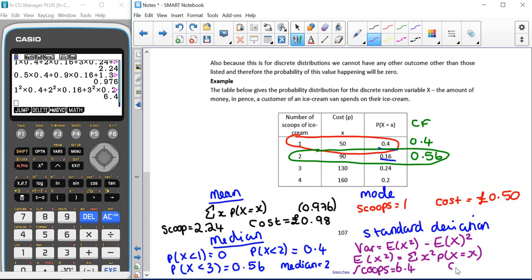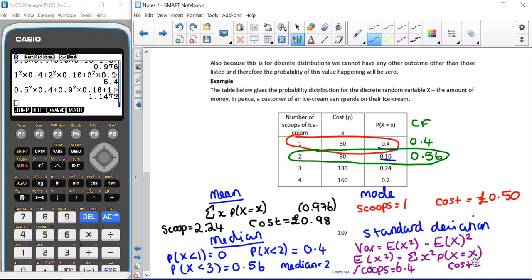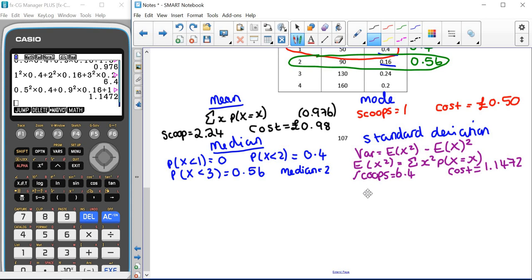And for our cost, that's going to be 0.5 squared times 0.4 plus 0.9 squared times 0.16 plus £1.30 squared times 0.24 plus £1.60 squared times 0.2, and that gives us 1.1472, and I'm going to keep it as my whole number because I'm still doing some working with it. I can round it to 3 significant figures at the end.